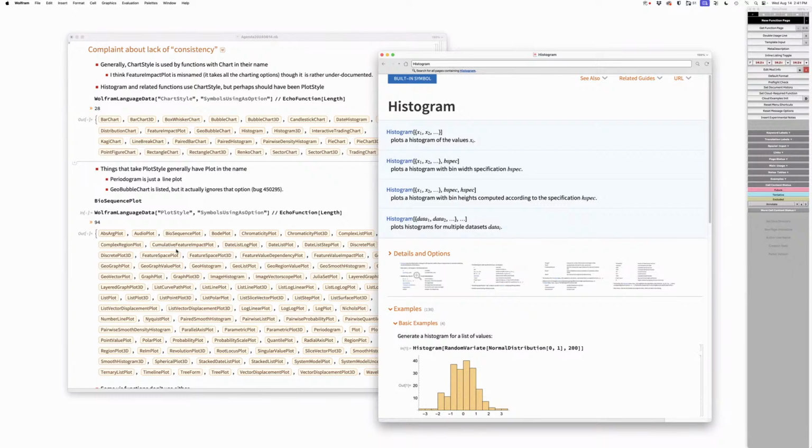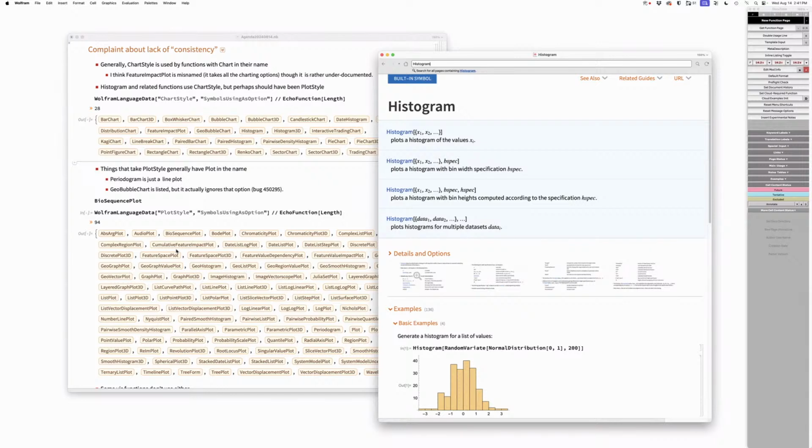So histogram, I'm totally on board with making it accept plot style, and probably even switching it to plot style as the documented option, and it accepts chart style for historical purposes. Right. That is one that Brett considers a mistake, just to get that out explicit.